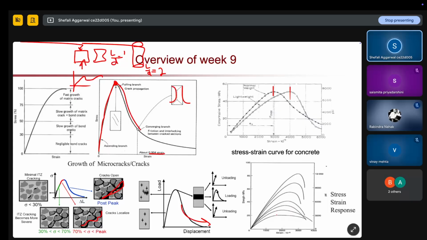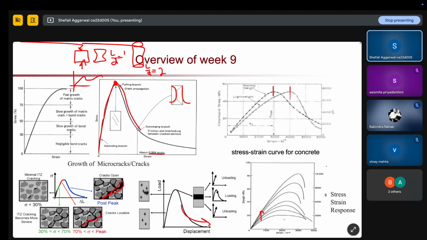If you see here, this strength is in MPa and here strength is in psi. As the strength increases, the stress strain curve shows a higher elastic modulus. So as your strength is increasing, at different strength values, your modulus of elasticity is also increasing.